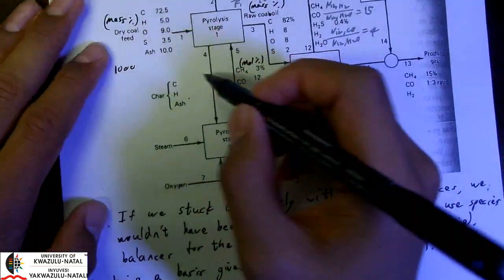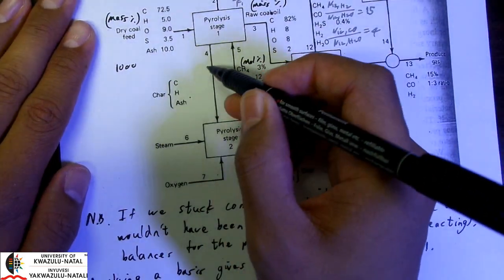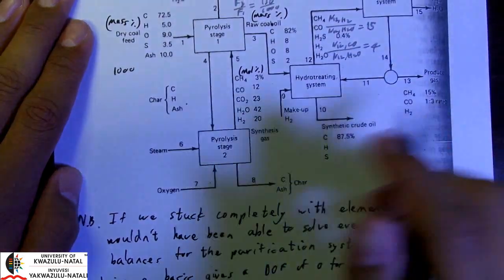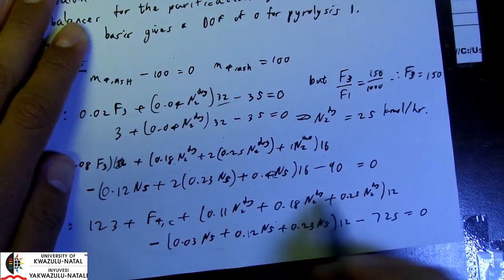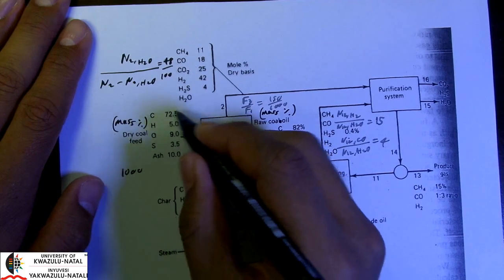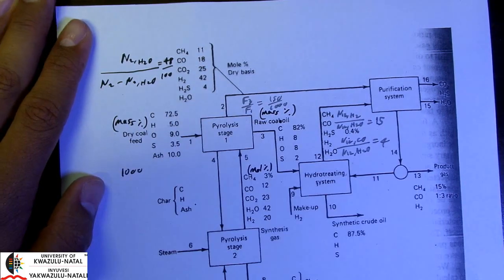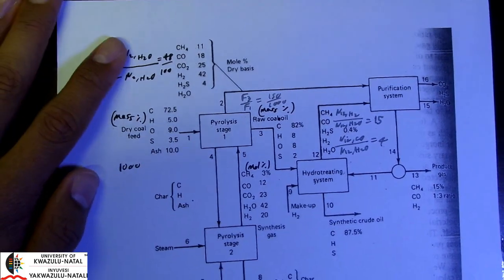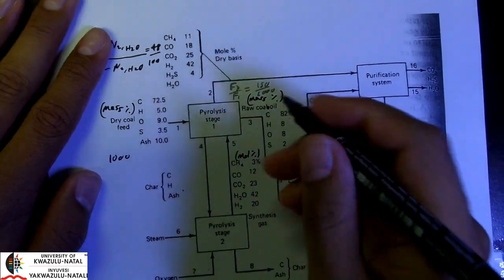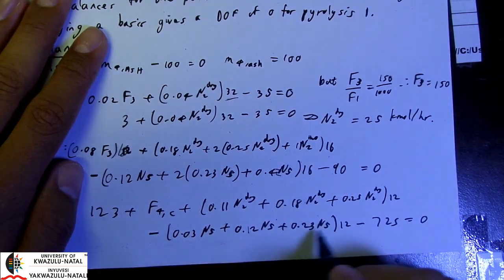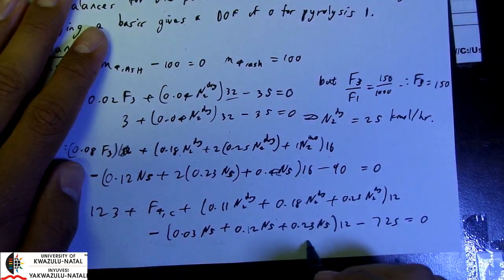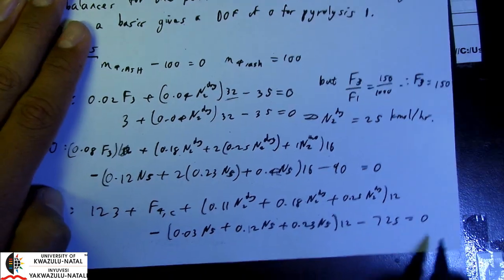We also have elemental carbon as an output in stream 4, and we have 2 inputs. Okay, so here's all of our outputs, and we have 2 input streams. We have carbon coming in, so that's 72.5% of the flow rate of stream 1. And we have carbon in CH4, CO and CO2. So this represents stream 5, and that's my balance.